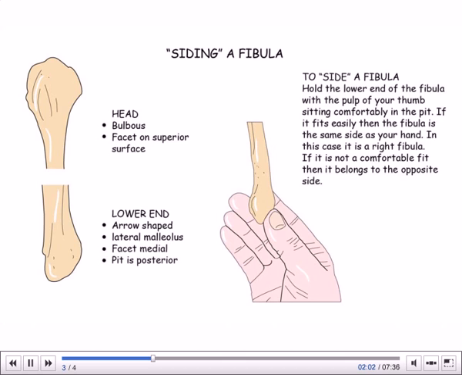At its lower end, it's more arrow-shaped, and it makes the lateral malleolus. There is a facet on its medial side, which is articulating with the tibia, and this is the inferior tibiofibular joint. The fibrous tissue that binds these two bones together inferiorly is the continuation downwards of the interosseous membrane.